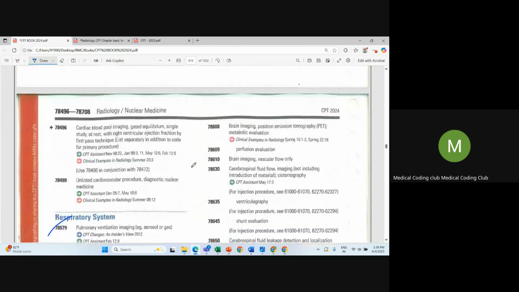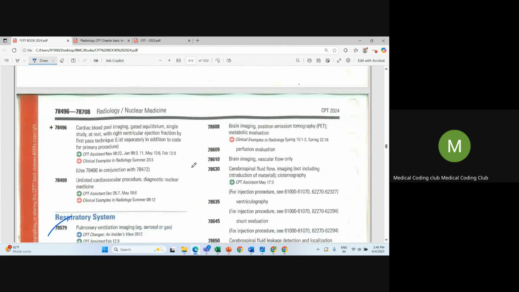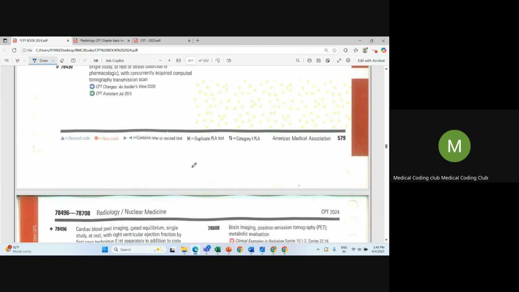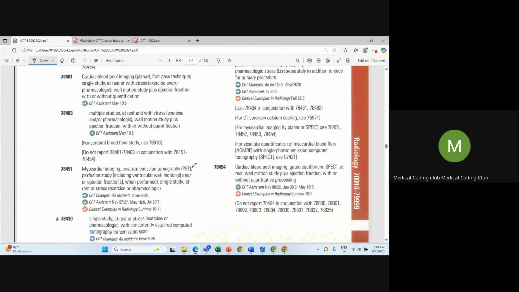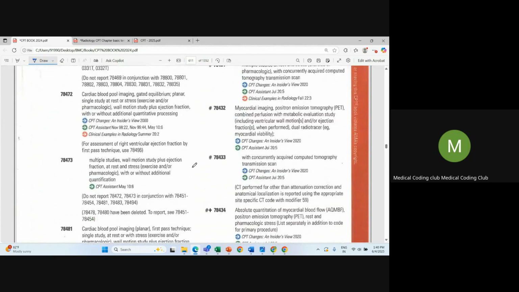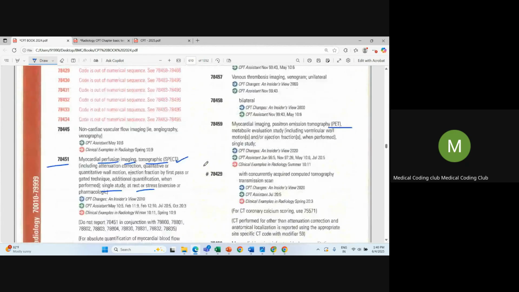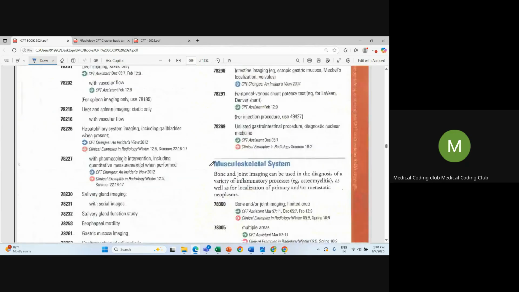Okay, just know what is SPECT and gated equilibrium, cardiac blood pool imaging, myocardial perfusion technique. Okay, first pass technique, all those keywords. If you highlight them, definitely you can score good marks under nuclear medicine also.